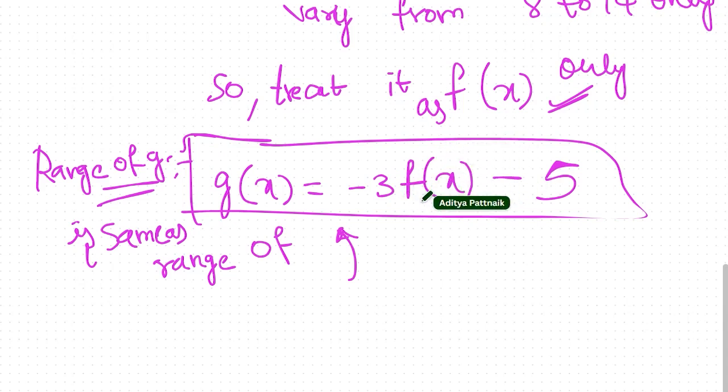So then wouldn't it just be y is less than or equal to negative 5? I mean, it is multiplied by negative 3 also, right? But that's just a vertical dilation, right? So then it becomes y is less than or equal to negative 5.